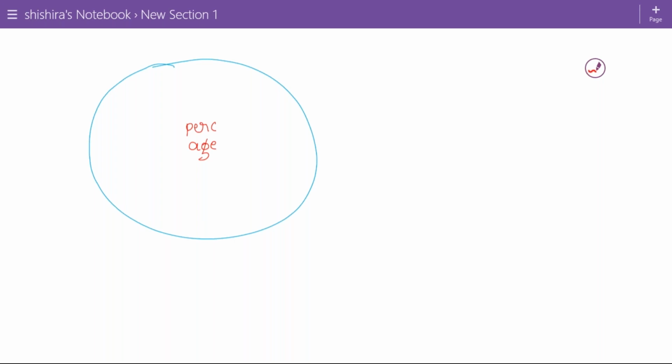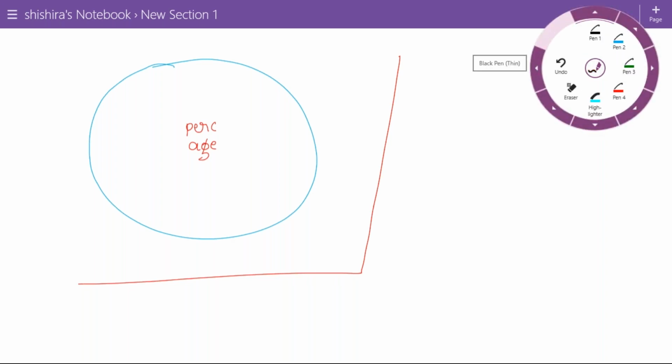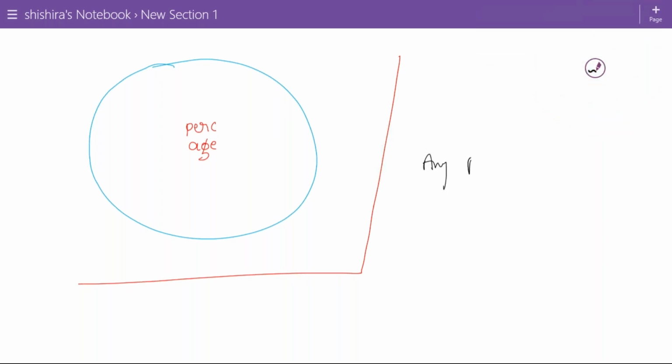Now, if any program outside, any other program, wants to access this percentage or the age, we should avoid it, because this direct access must be avoided. So how do you avoid it?